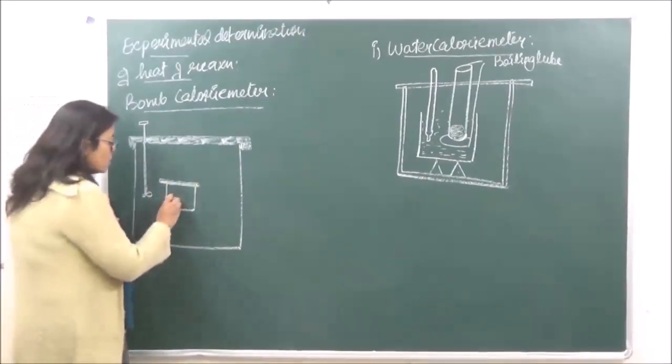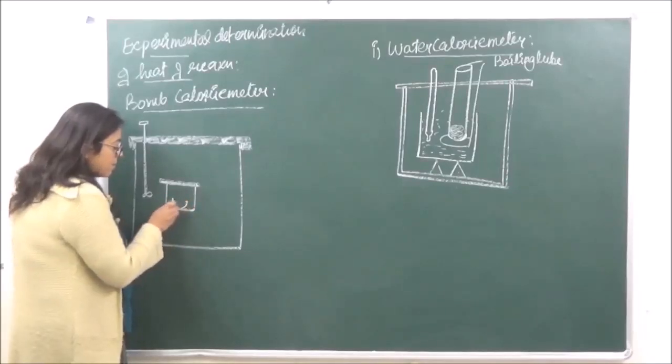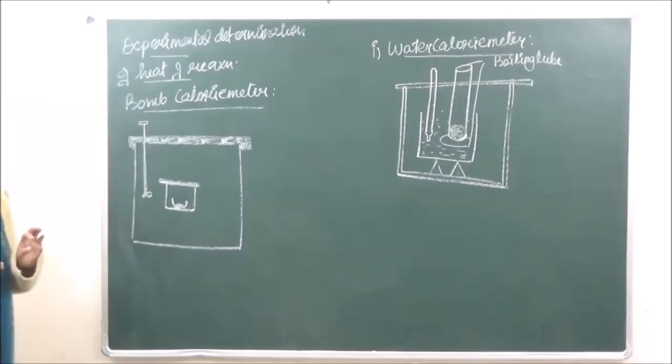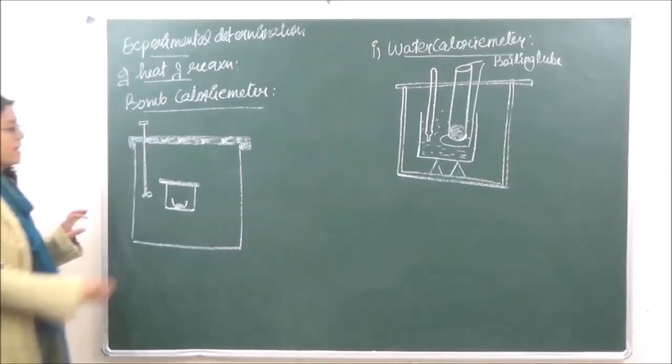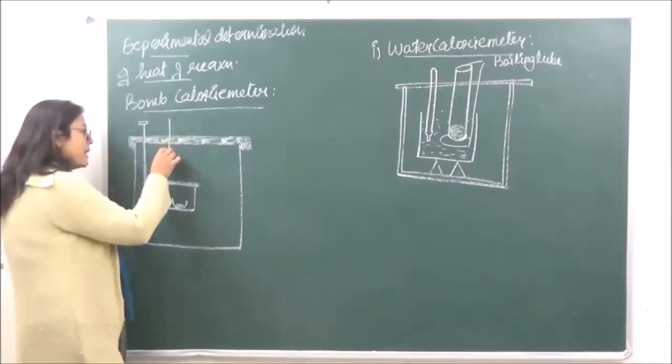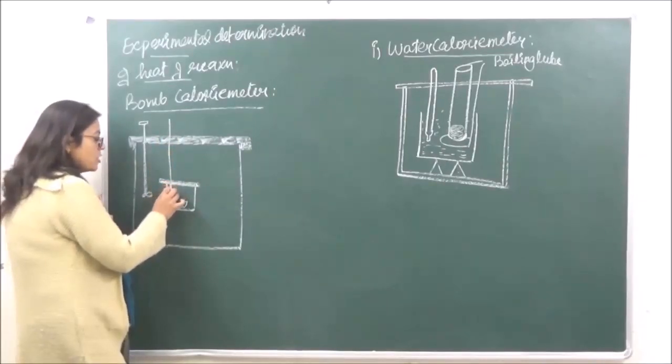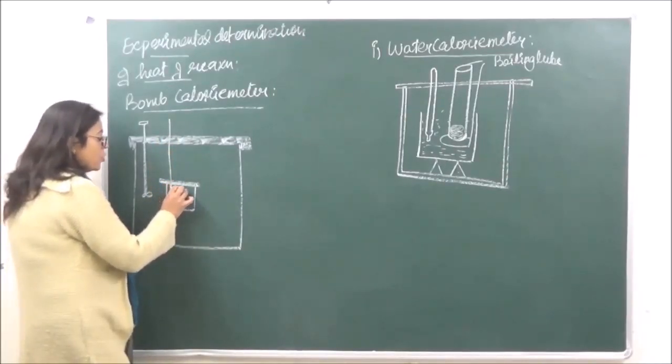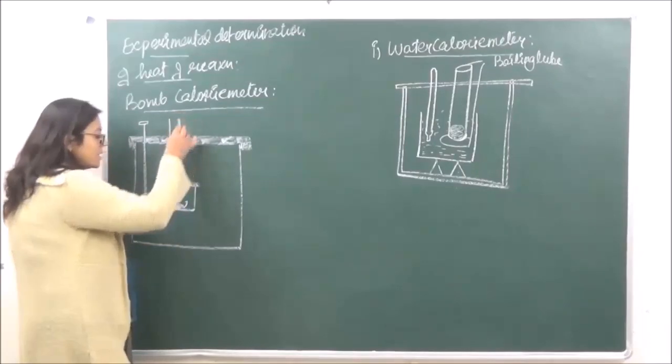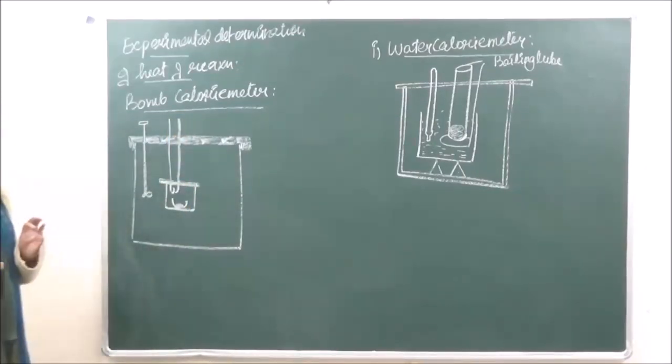Inside the steel bomb, the sample is taken in a crucible, ठीक है? और इसमें हम लोग ignition wires place करते हैं. The ignition wires, they are used to melt the sample. ठीक है?